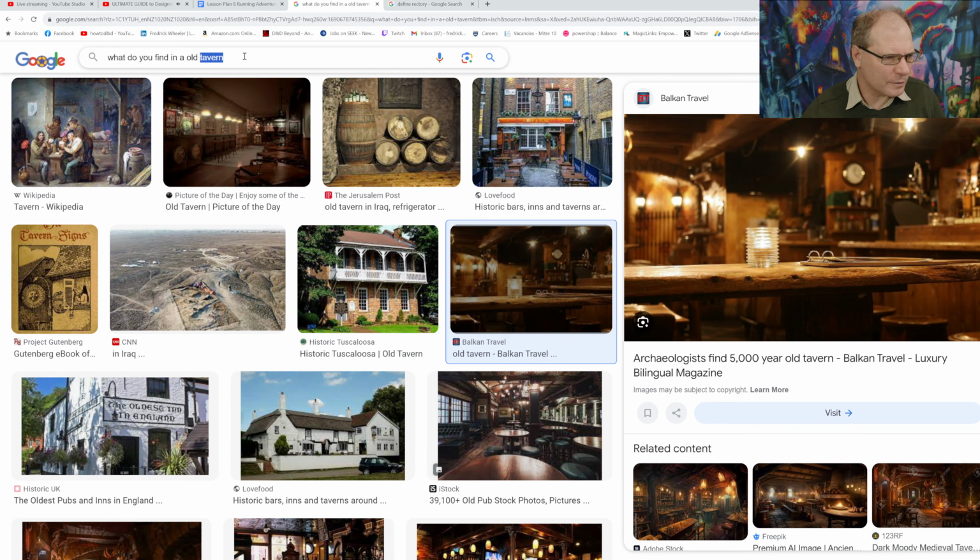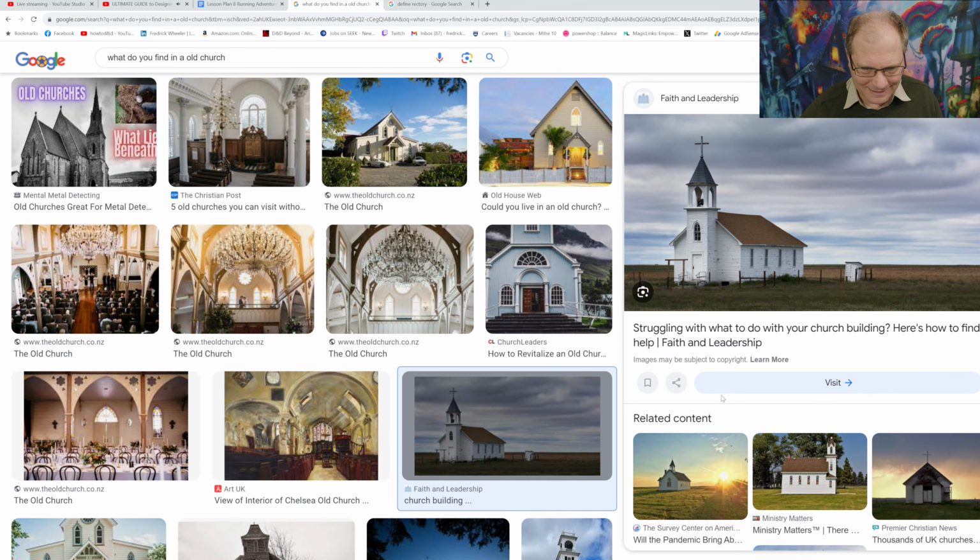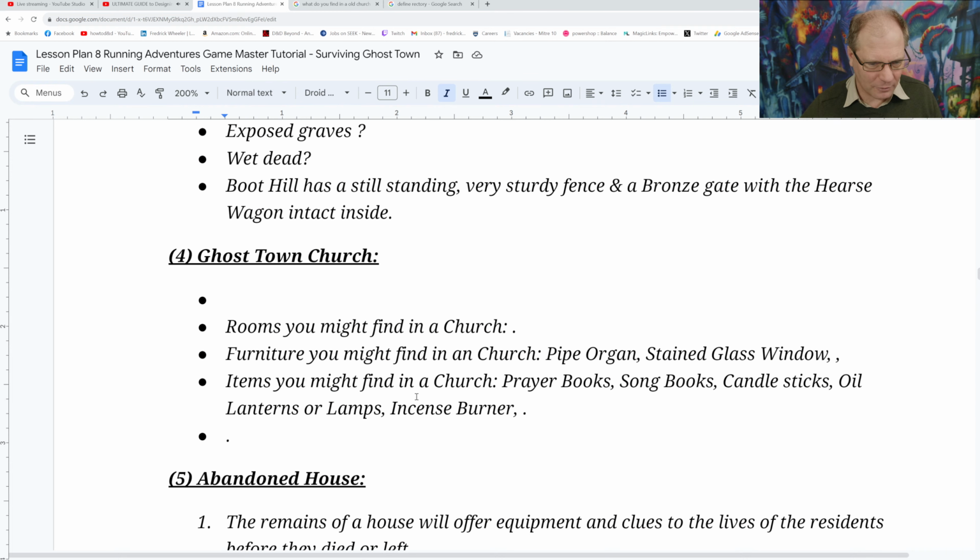Old church. Well, that ain't going to help us, not unless we're dealing with something like that. You won't be living in a place as small. I think for a town, we're probably not going to have a living space for them. More than likely, I think that would not make a lot of sense.